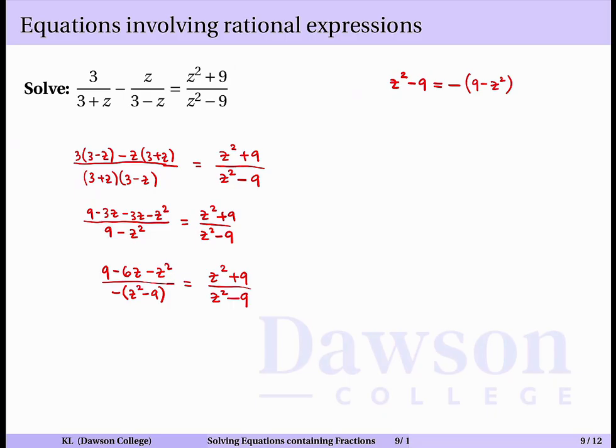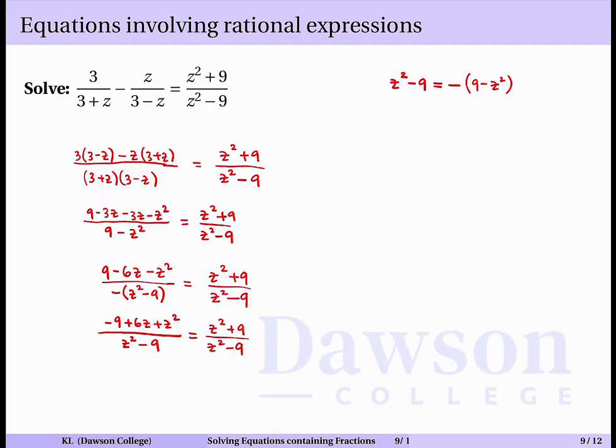If we do that, we will have negative 9 plus 6z plus z squared. Denominator will just become z squared minus 9. The other side, you will have z squared plus 9 divided by z squared minus 9.